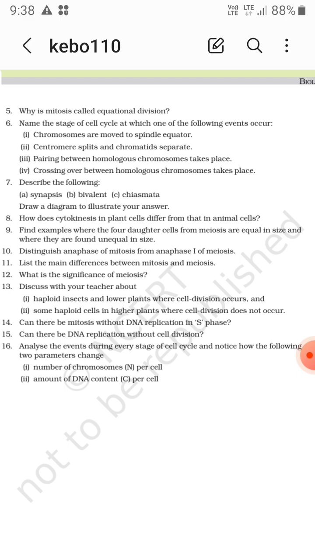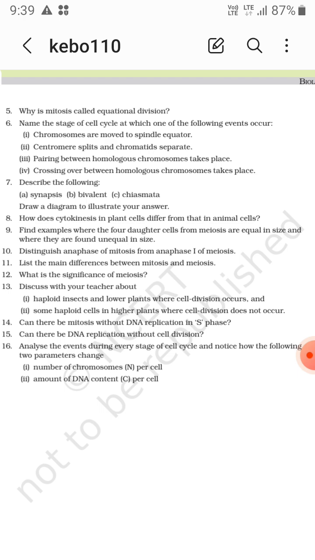So there is formation of a plate from the middle of the cell, and it grows centrifugally and then reaches the wall. So this is how cytokinesis takes place in plant cells, while in animal cells there is no such cell wall. So there is direct insertion centripetally, towards the center, from the plasma membrane. This is how cytokinesis in animal cells takes place.